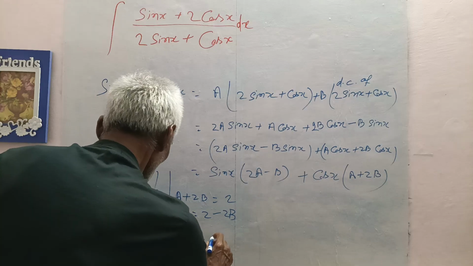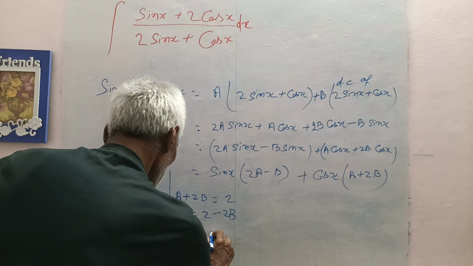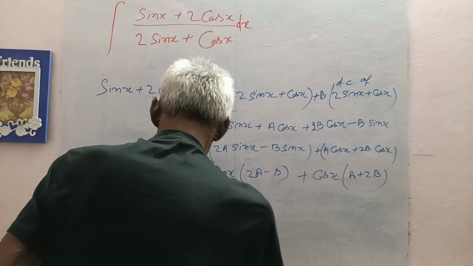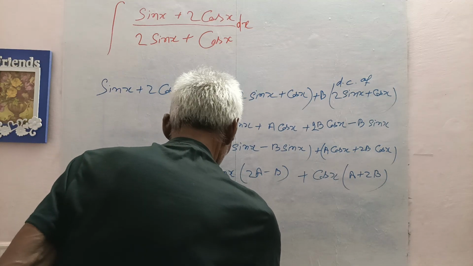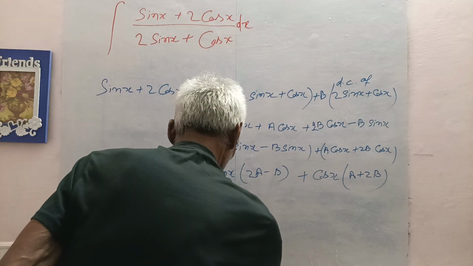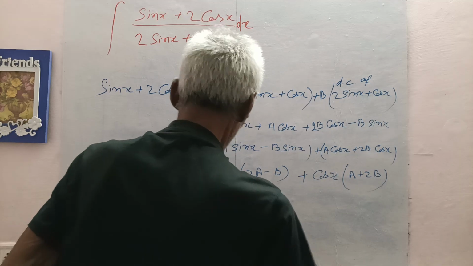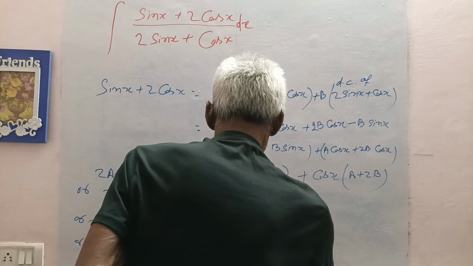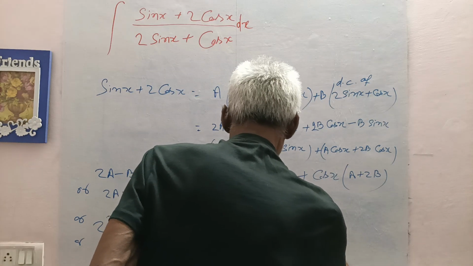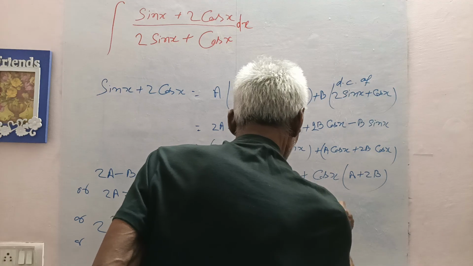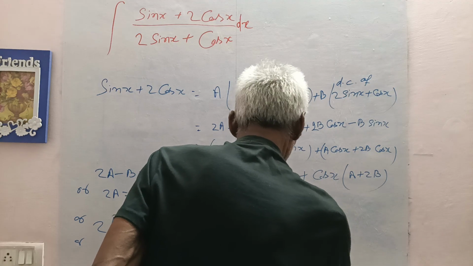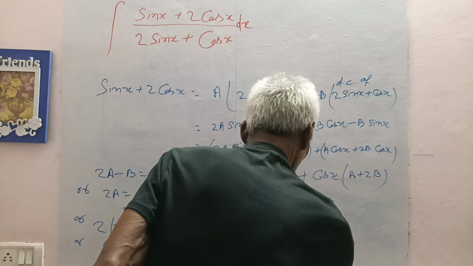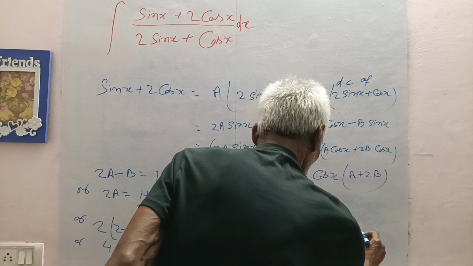Therefore, b is equal to 3/5 and a is equal to 2 minus 2 into 3/5, that is (10 minus 6)/5, that is 4/5.